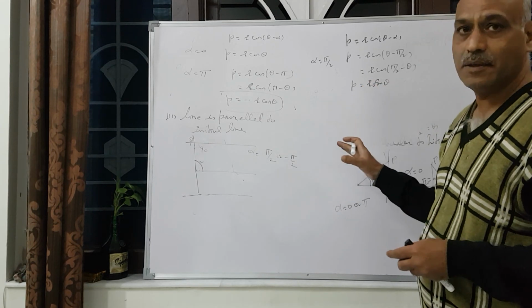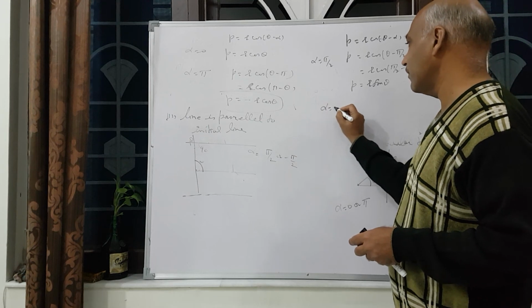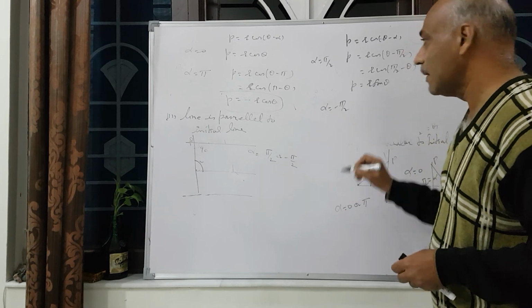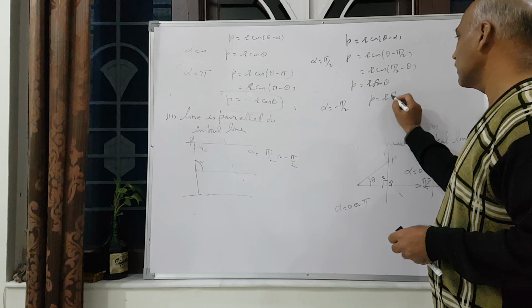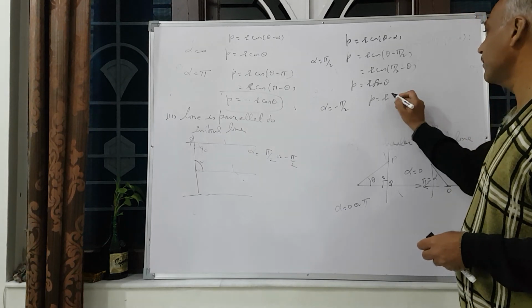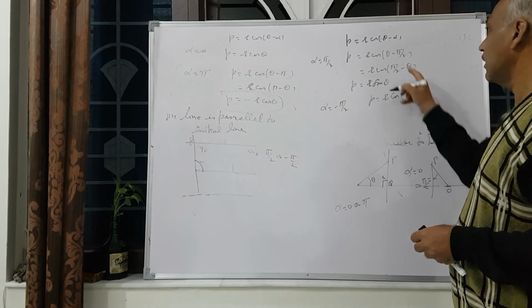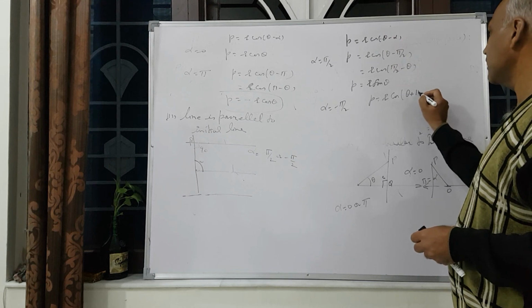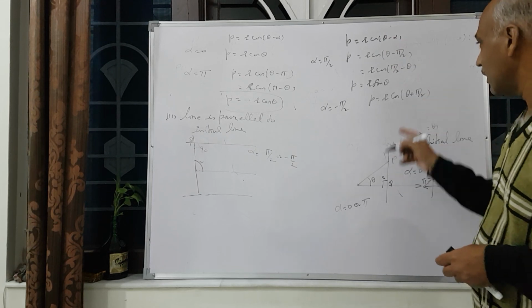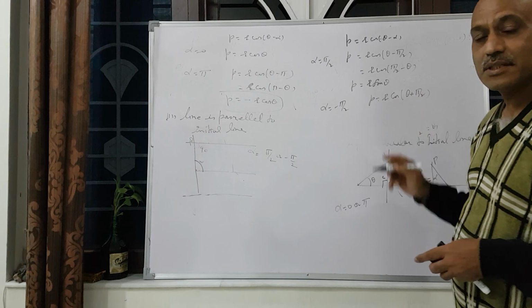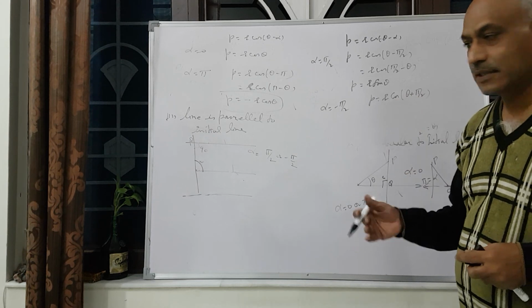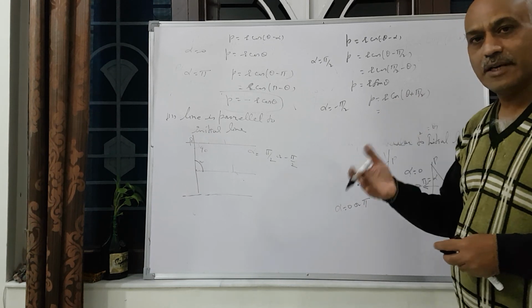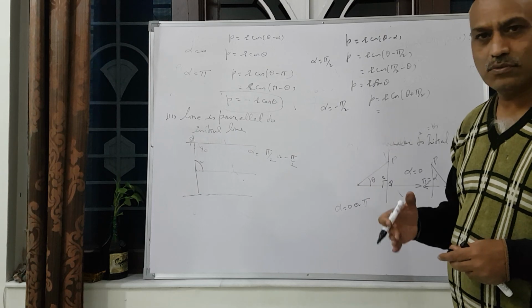If alpha is equal to minus pi by 2, then p equals r cos(theta minus, means plus, pi by 2). So you can write pi by 2 plus theta in the second quadrant. If it is pi by 2 plus or minus theta, cos changes into sin.